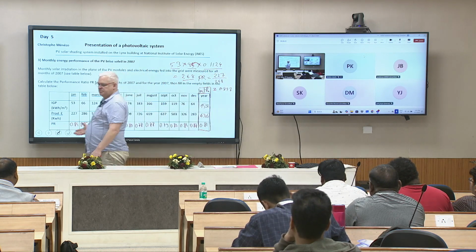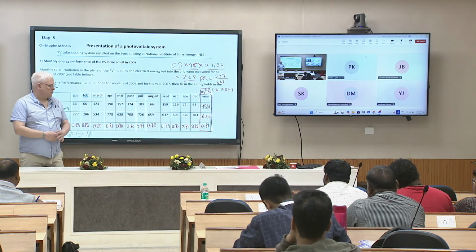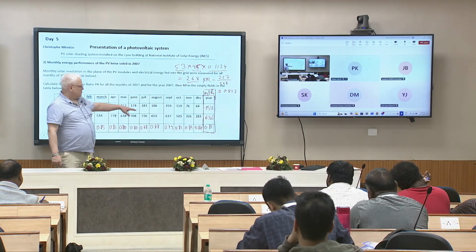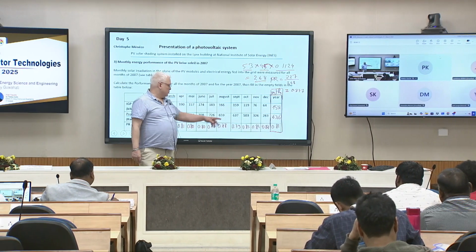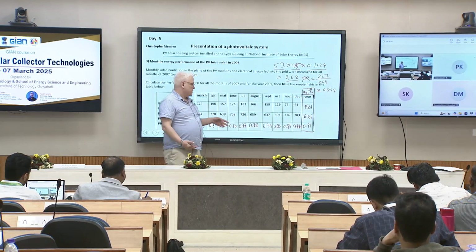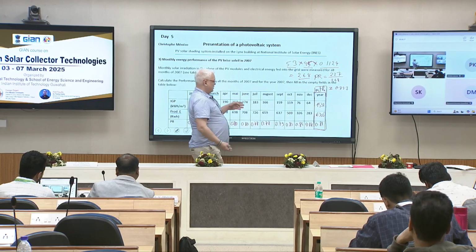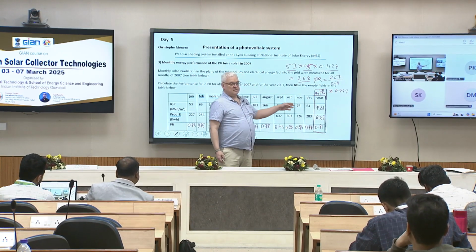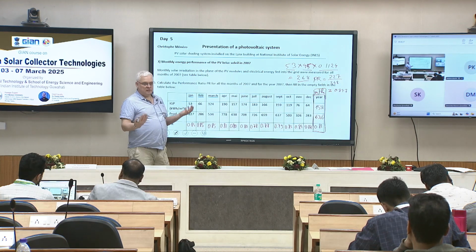Otherwise, it's not easy to see if in July it operates well or not, because the sun radiation is all the time different. So we have to consider something common.